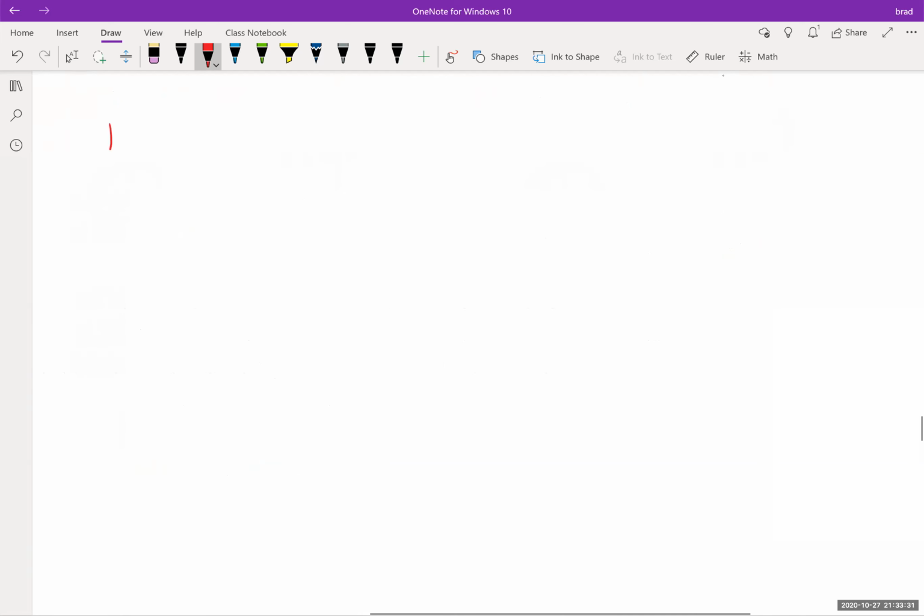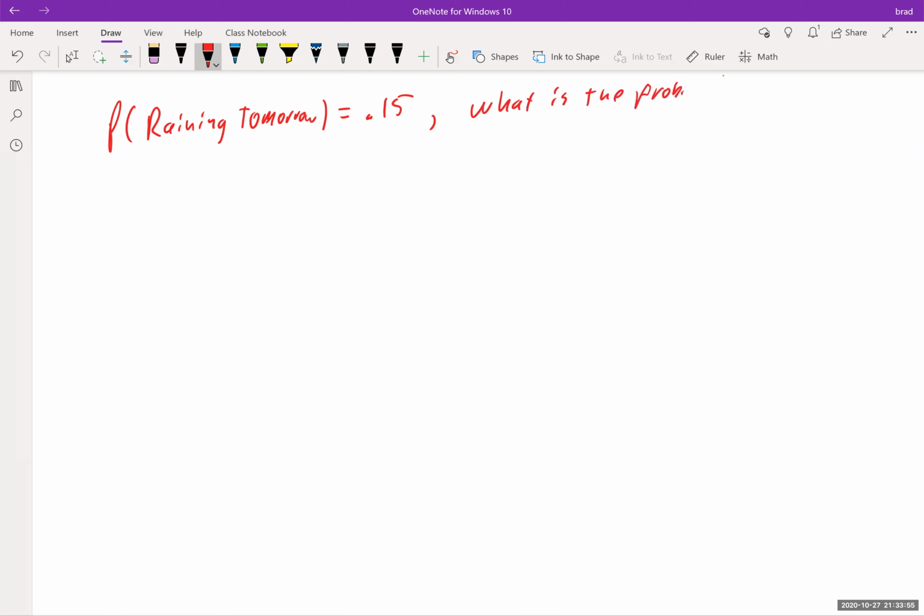If I told you that the probability of raining tomorrow, and I told you that this is 15%. Oops, not 15%, 0.15. Let's say that's the probability of raining tomorrow. I could follow this up with saying, what is the probability of not raining?